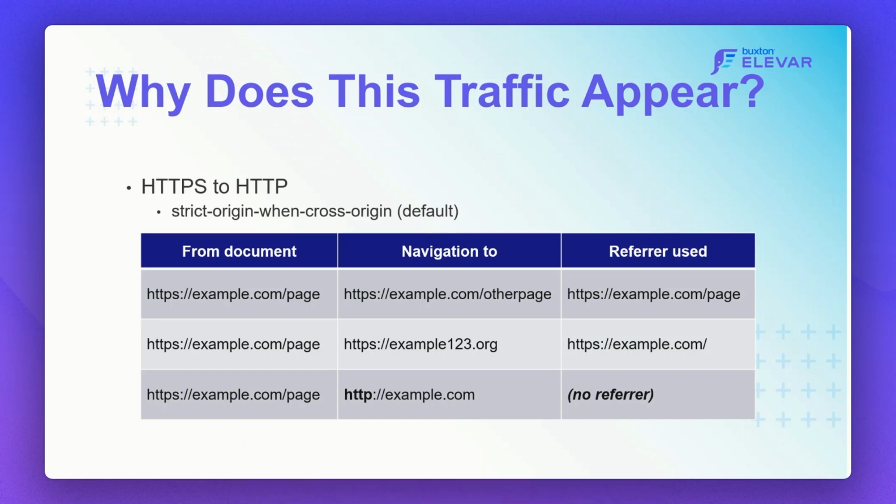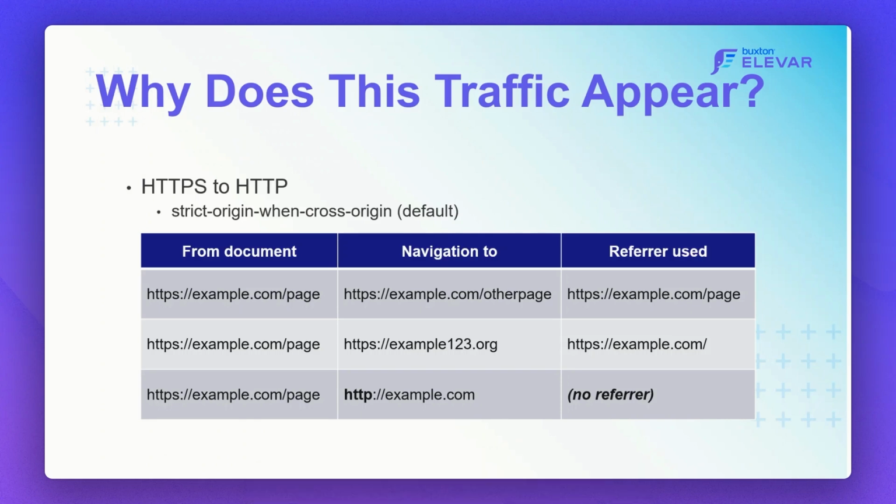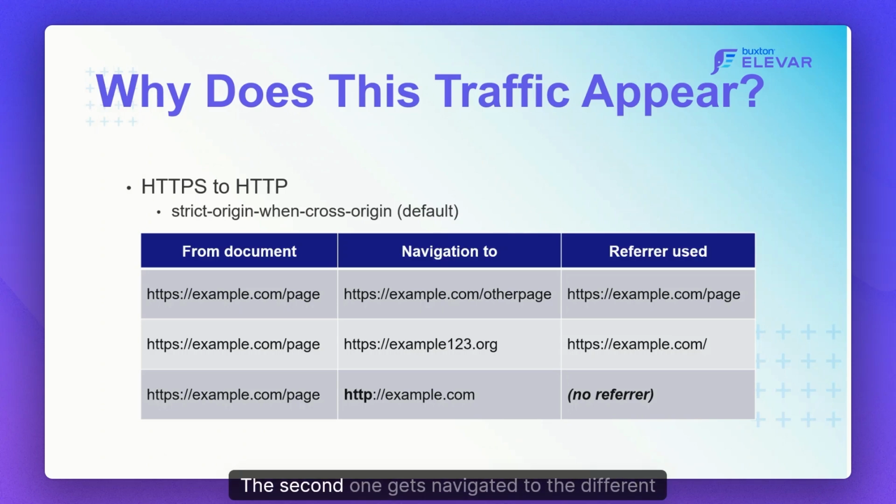different pages. The first one gets navigated to the same origin but different page, and hence the referrer is carrying the domain plus page path. The second one gets navigated to the different domain. Technically, that is a cross origin.